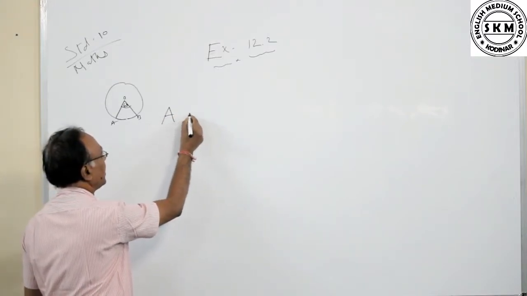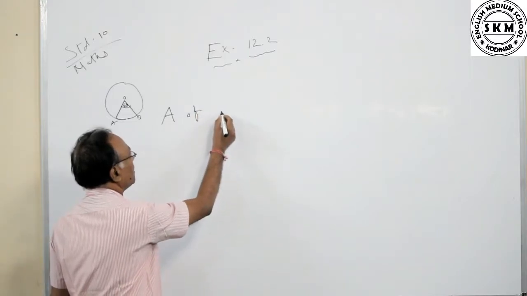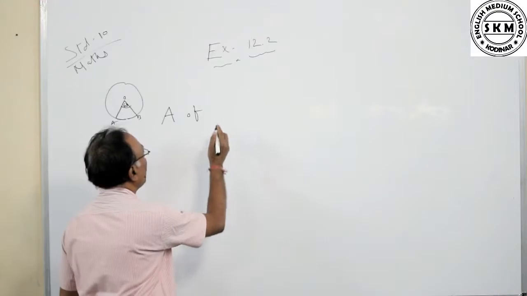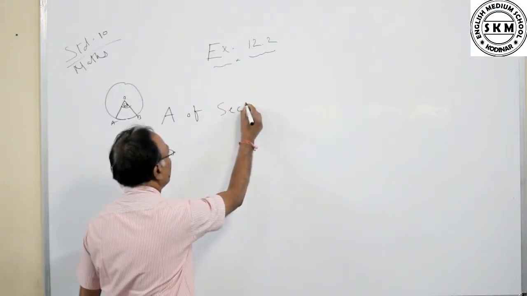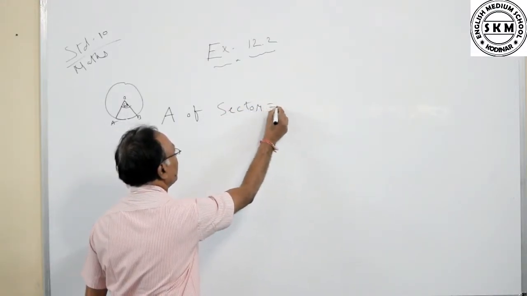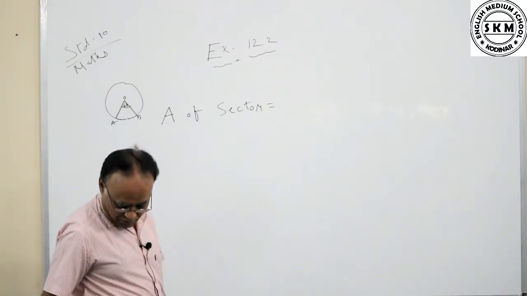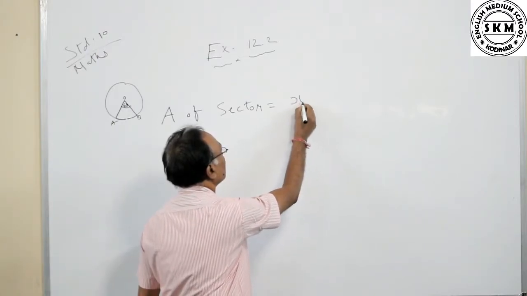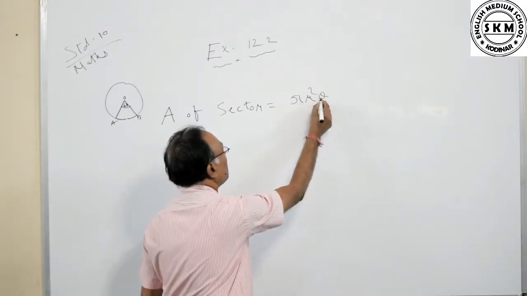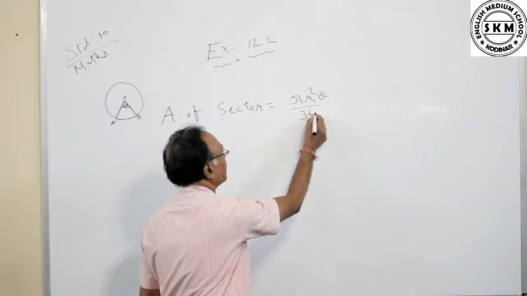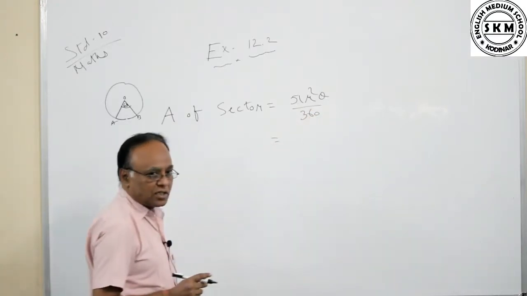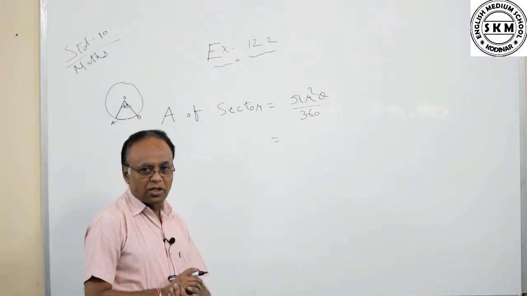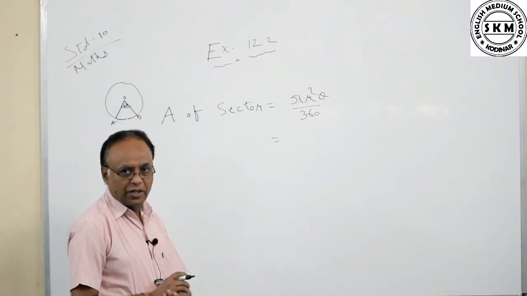A means the area of the minor sector. Area of the sector is equal to pi r square theta upon 360. In the first period I discussed this. If the value of pi is not given, always take 22 upon 7.